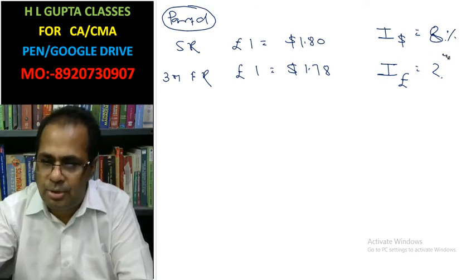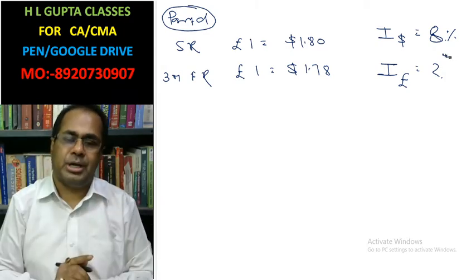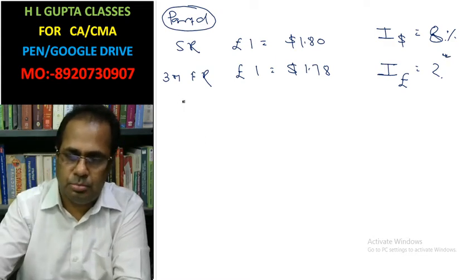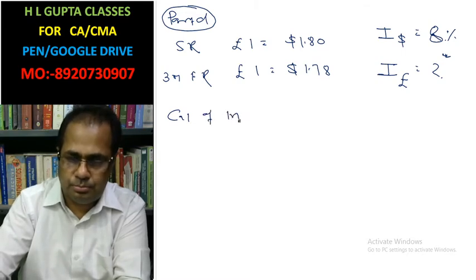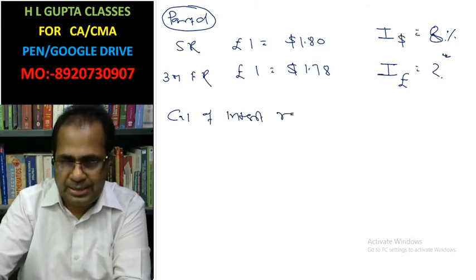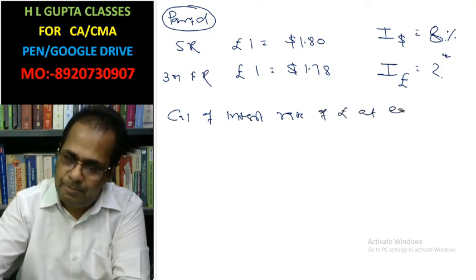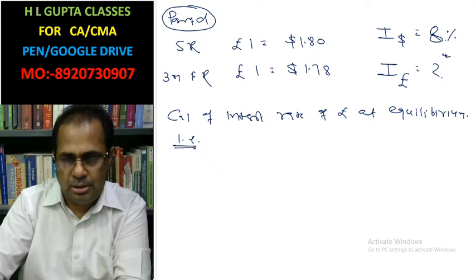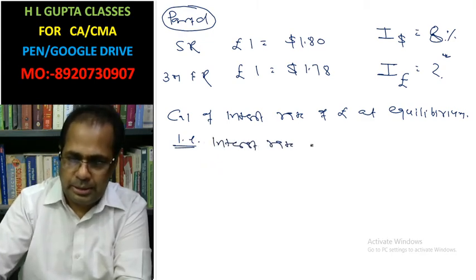You have to calculate the interest rate of pound at equilibrium, that is by the interest rate parity theorem.